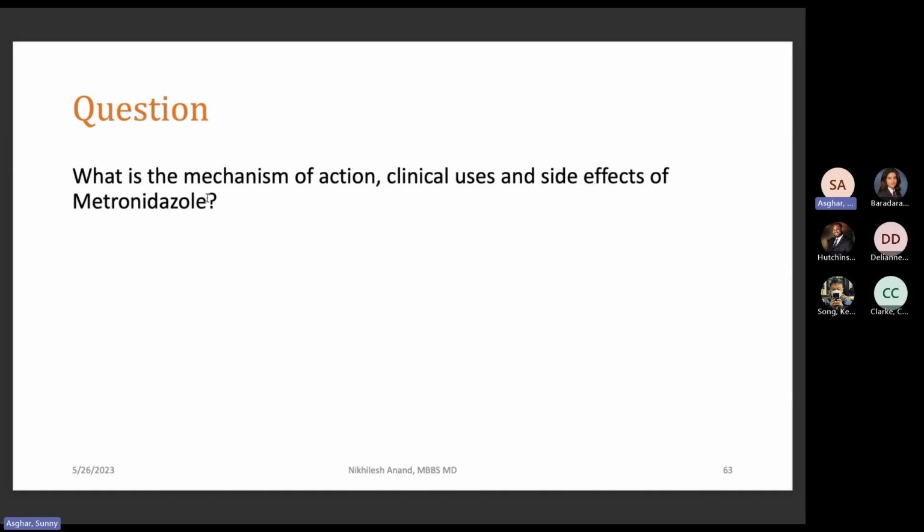But specifically for metronidazole, we're going to be using it also in H. pylori. I'm not sure if I've mentioned H. pylori, but Helicobacter pylori is one of the few bacteria that you really, really have to know, because it can cause ulcers, right? It has specific virulence factors like CagA that you have to know.